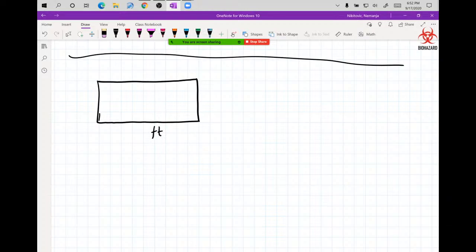Let's go with 18 feet. You measured on the floor 18 feet on the bottom, and let's say standard heights for the ceiling are 8 and 10. Let's call it a 10 feet tall ceiling. You have the formula which says that the area of the rectangle is x times y. You also know it as a times b.